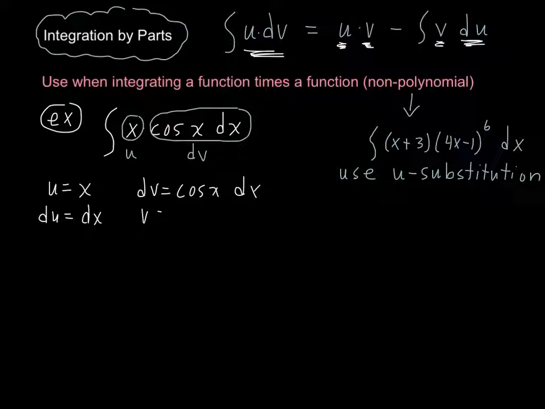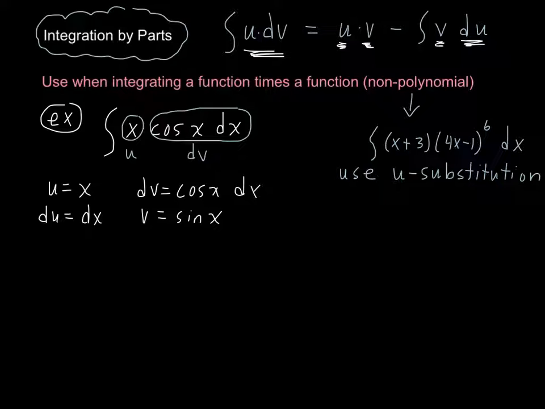And then we're going to need to figure out what v is, because again, we see v's in our formula. So a dv represents a derivative. So if we're going to go from the dv to the v, we're going to have to find the antiderivative. So we're going to have to integrate cosine. Well, when we integrate cosine, we're going to get sine. Okay? So we're not going to worry about the plus c, we're just going to write it as sine of x. So to go from dv to v, you integrate.